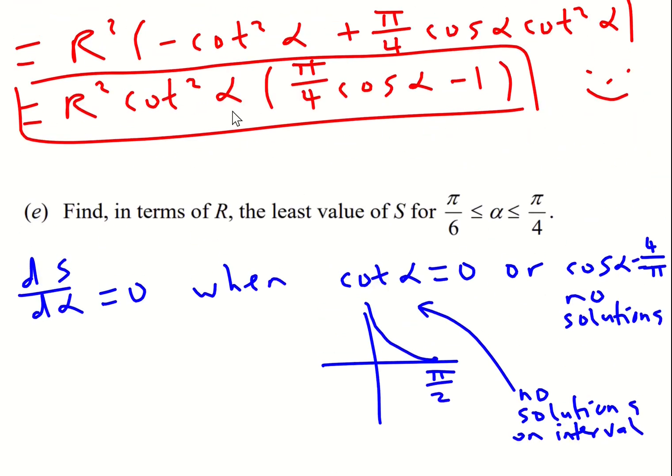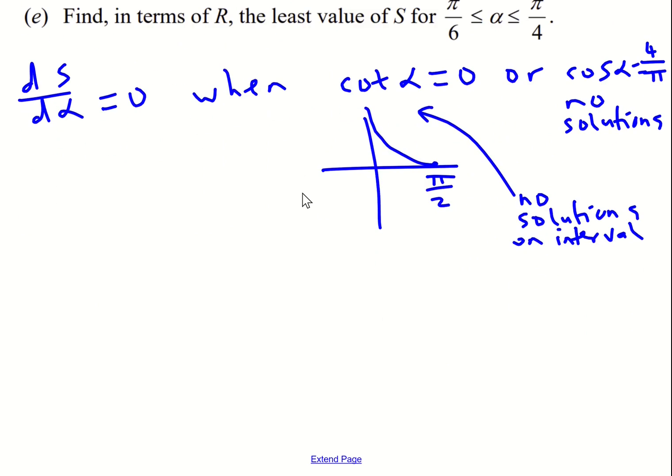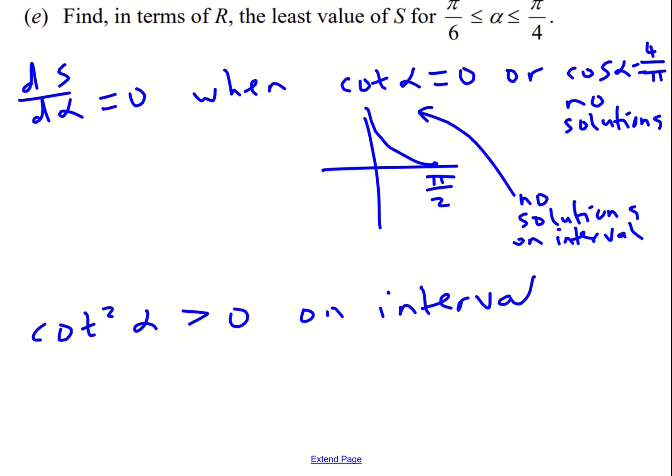If you consider cot squared alpha, it's going to be greater than 0 on the interval, since cot alpha is. But it's decreasing. You can see that from the graph.